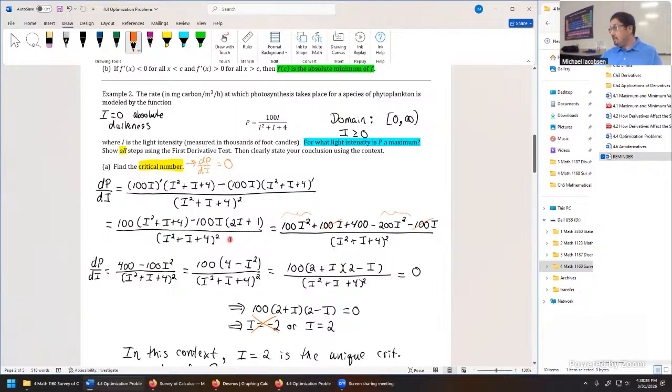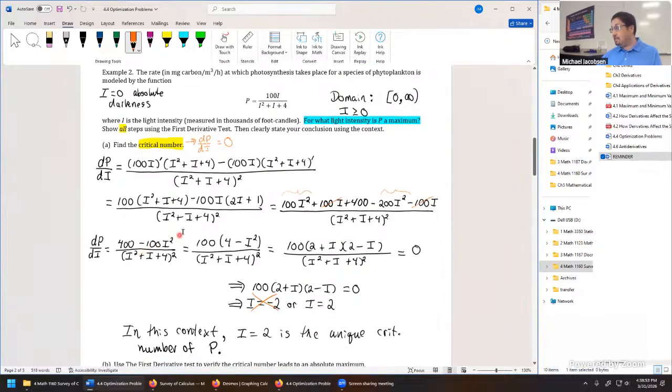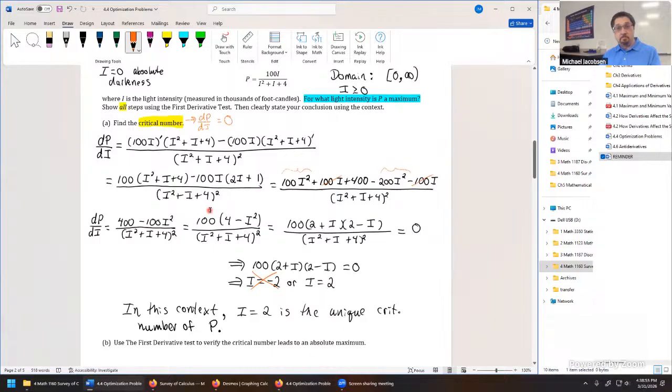So that's the end of the calculus part of differentiating. Then algebra on all the other steps was just to simplify it to make it easier to solve that equation, the derivative set to 0. So we distributed 100 through, we distributed negative 100I through, canceled our terms, combined like terms down to that level, factor out 100, and then once we got here, we continued to factor as a difference of squares. 4 minus I squared became 2 plus I times 2 minus I. And then once we got to this line right here, we're ready to get the critical number.